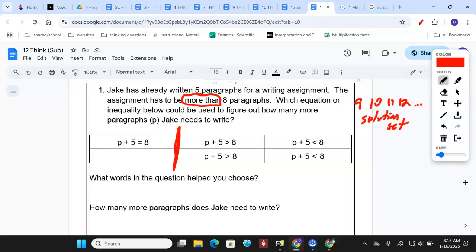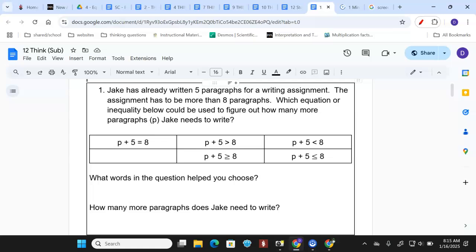So I've already cued in, okay, I don't think this is an equation. I think this is an inequality, because there's lots of possible things he could write. The answer to this equation would be just 3, and 3 is not what's left to do. So with that in mind, I think it's not an equation. I think it's an inequality.